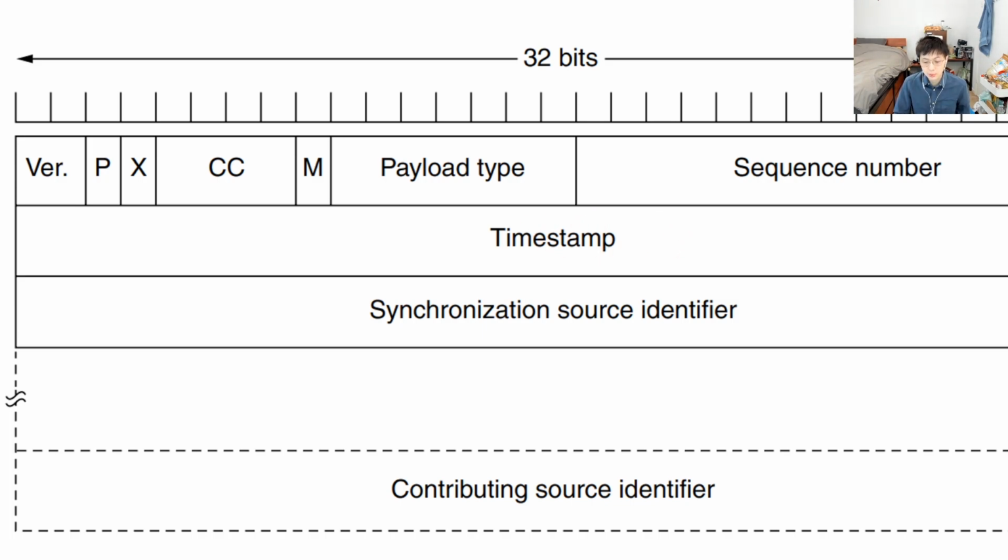The timestamp is produced by the stream source to note when the first sample in the packet was made. This value can reduce the time variation called jitter. And the contributing source identifier, if there are any, is used when mixers are present in the studio. It can be used to synchronize sources and streams being mixed.